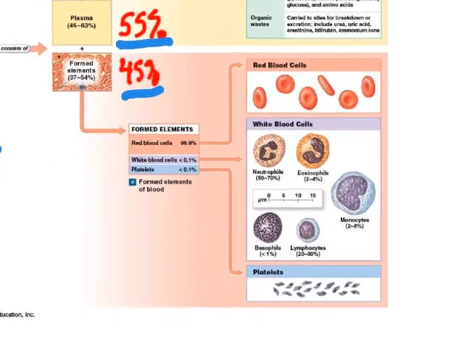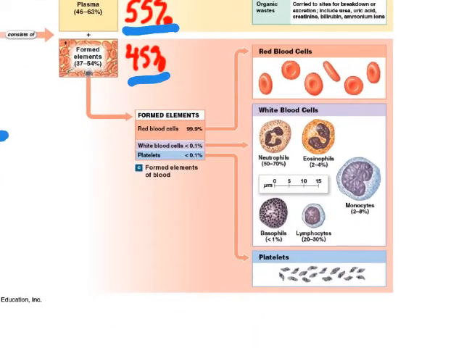And if you come down here to the 45% that's composed of cells, we've got red blood cells, and notice almost all of the cells are red cells. 99.9% of that 45% is red blood cells. So red blood cells are super numerous compared to white blood cells. And we're going to see this again coming up in the next slide.